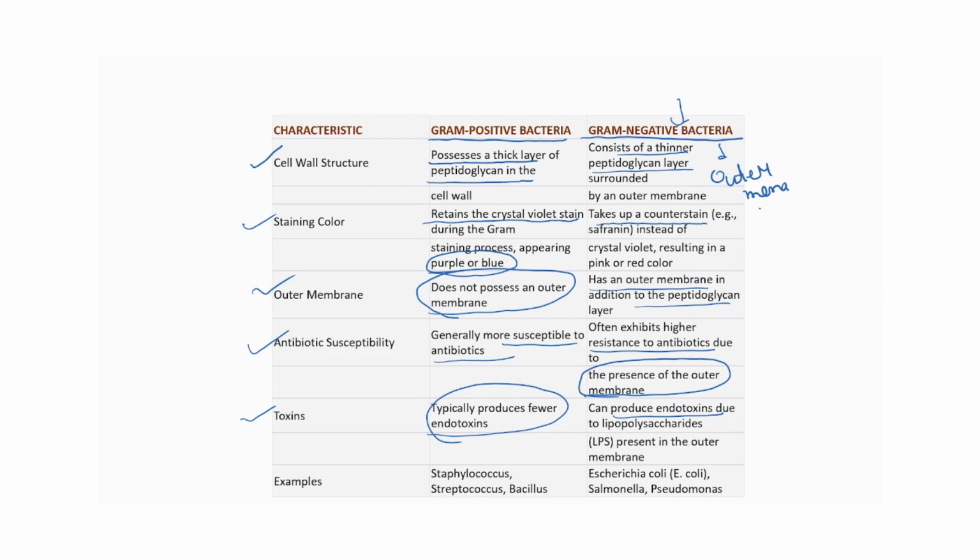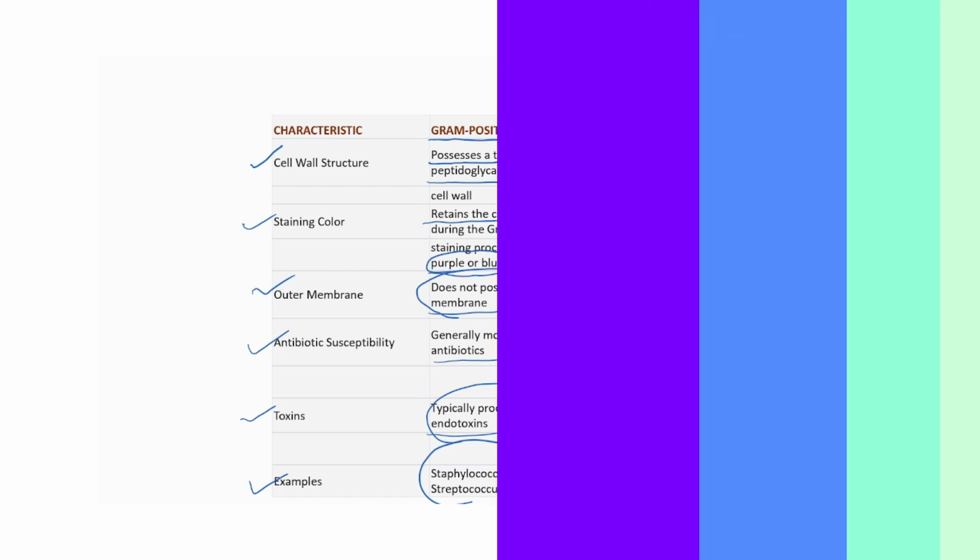Next, examples: Staphylococcus, Streptococcus, and Bacillus are examples of gram-positive bacteria. E. coli, Salmonella, and Pseudomonas are examples of gram-negative bacteria. So this is all about gram-positive bacteria and gram-negative bacteria. Thanks for watching.